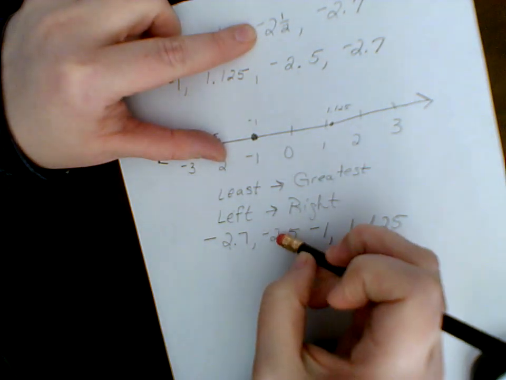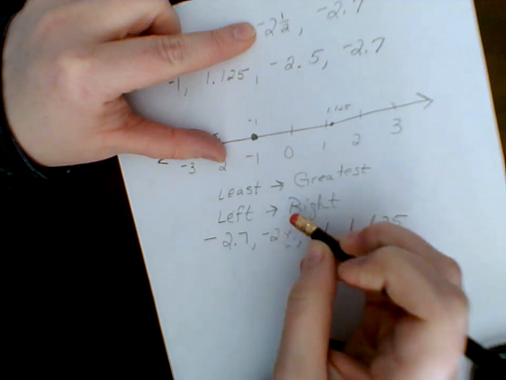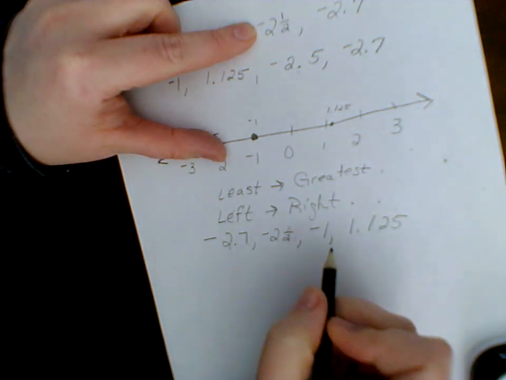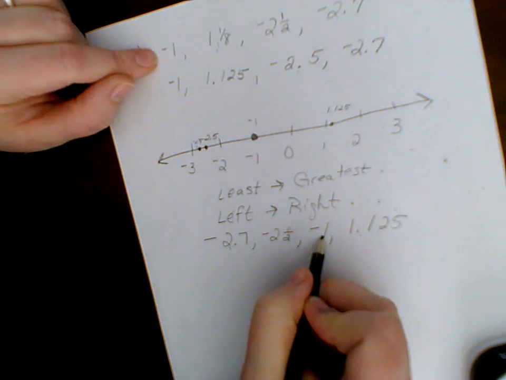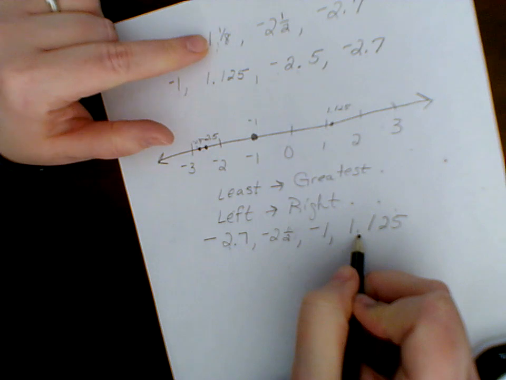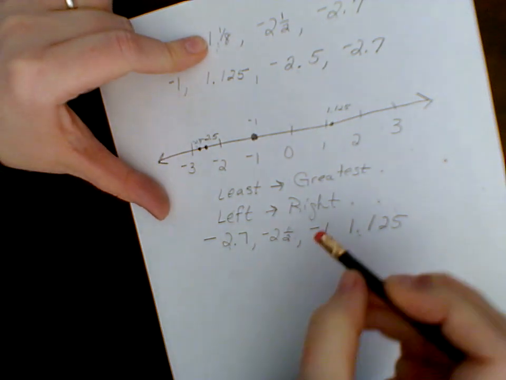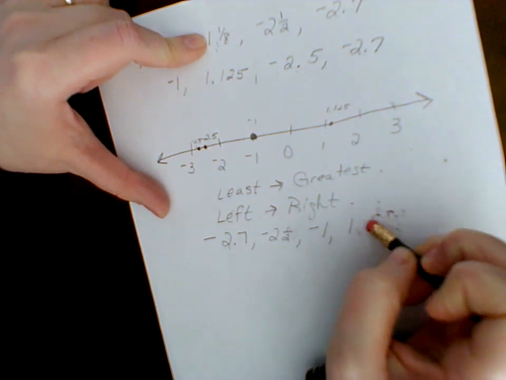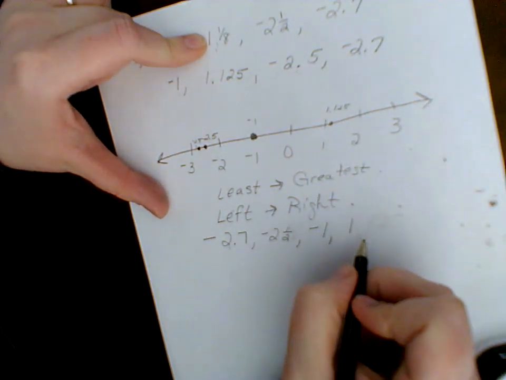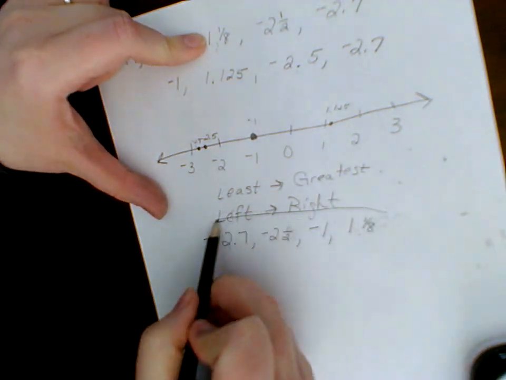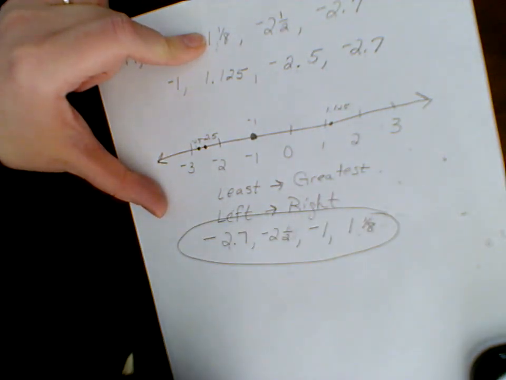So this one should really be a fraction. So I'm going to change it. Okay, then -1. Well, that's -1. 1.125. Oops, my problem had that as 1 1/8. So I'm just going to change that back to the way it was. So 1 1/8. Then I have my final answer.